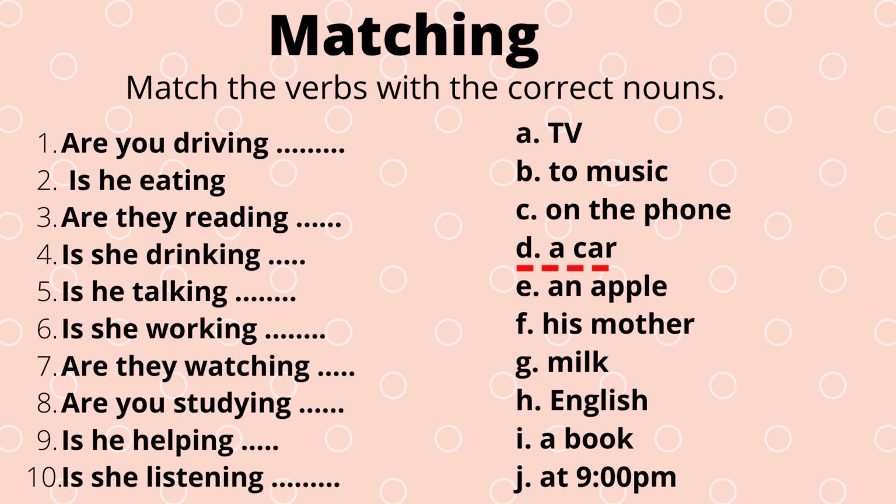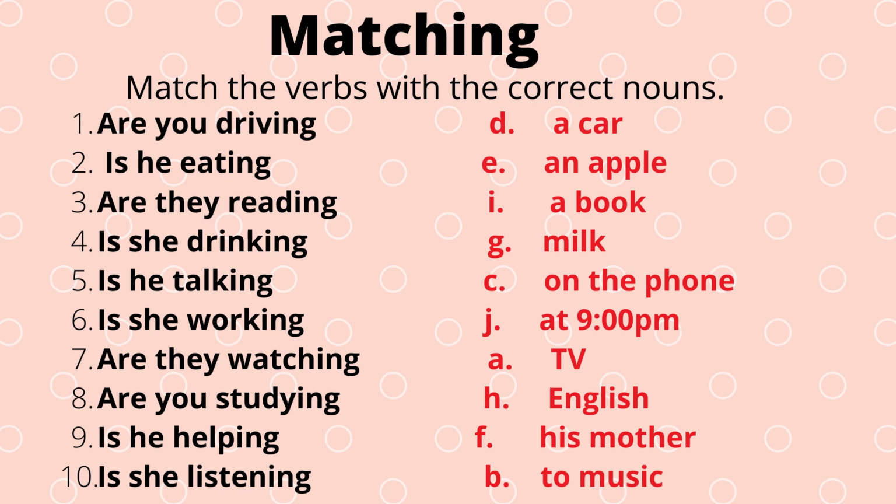All right, let's go ahead and look at the correct answers. Number 1 was the example. Are you driving a car? Number 2, is he eating an apple? Number 3, are they reading a book? Number 4, is she drinking milk? Number 5, is he talking on the phone?